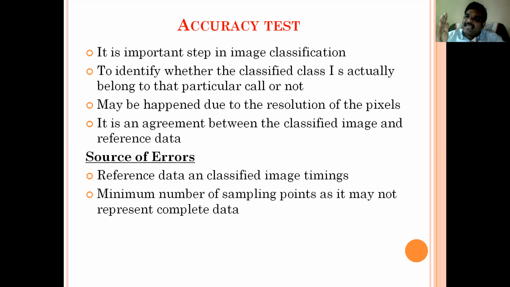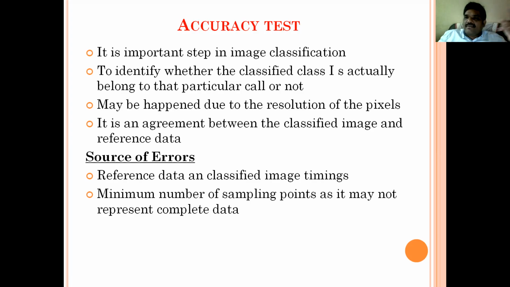For suppose in your hall ticket, instead of your latest image, you have given your kindergarten photo, how can the invigilator identify whether the image is yours or not? Now you understood. The reference data was taken at the initial stage of the rainy season, but you classified the image at the closing of the rainy season, and you give that image to the end user saying it is empty soil, but in realistic conditions plants have grown up.